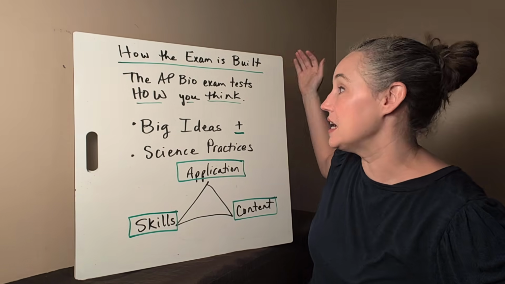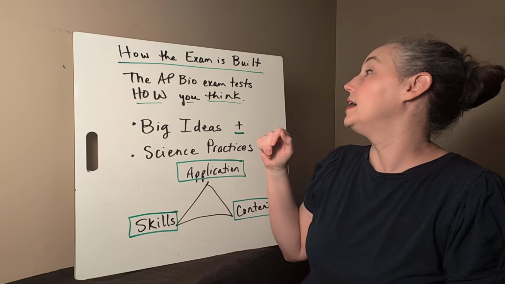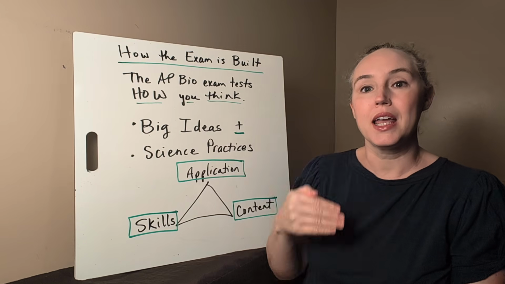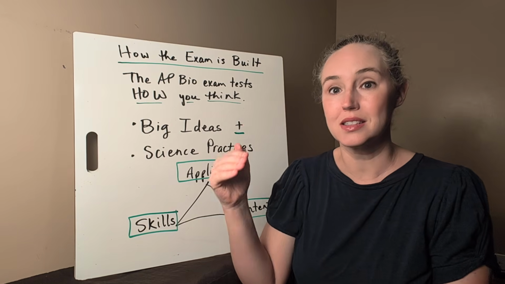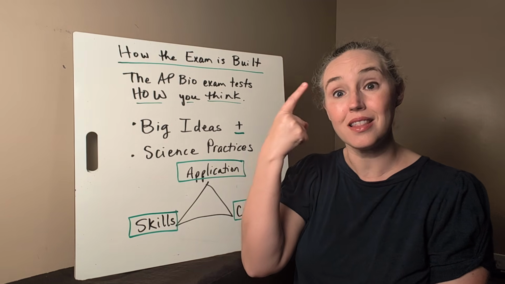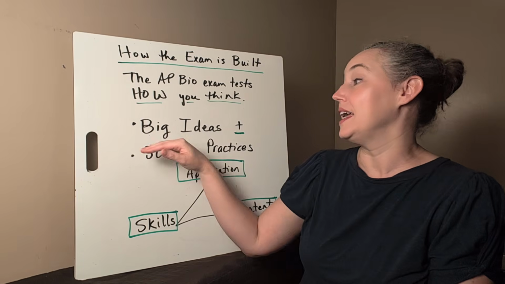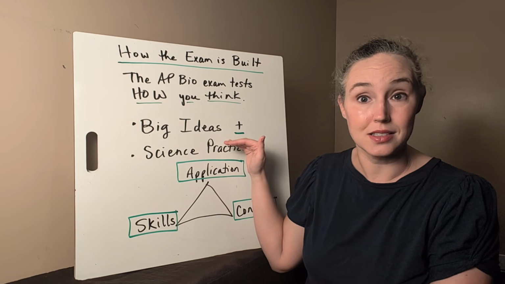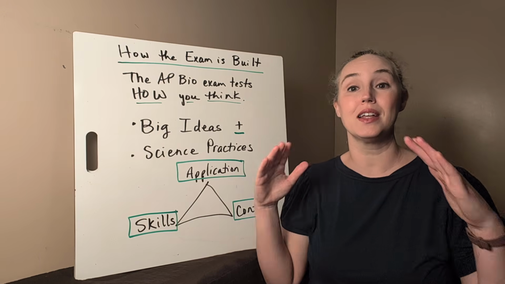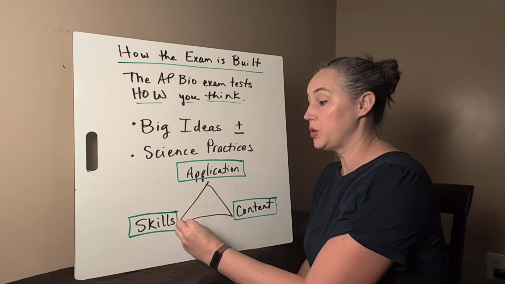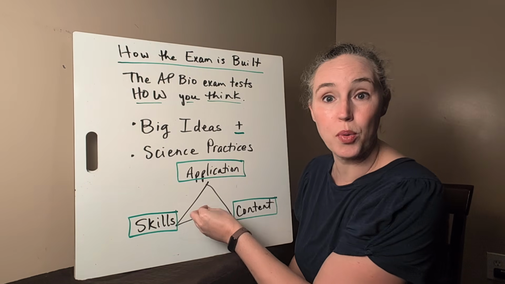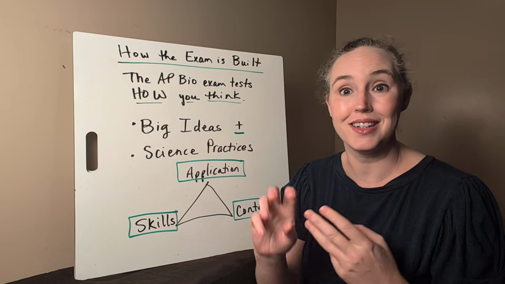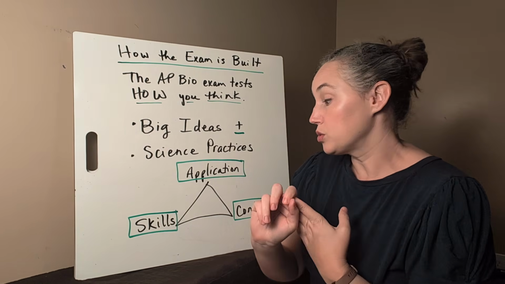So the exam is built to test how you think. Can you use science skills and processes to think like a scientist? It takes the big ideas and the science practices. And you can kind of think of it like a triangle. So you have skills, that's your science practices, building and reading graphs, understanding data, all this sort of thing.